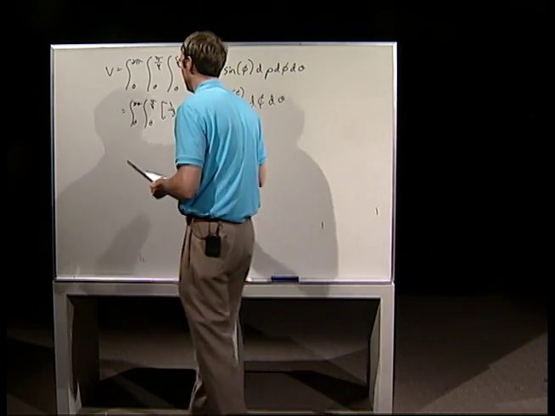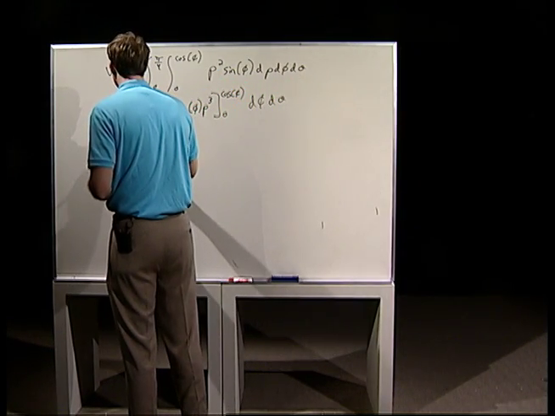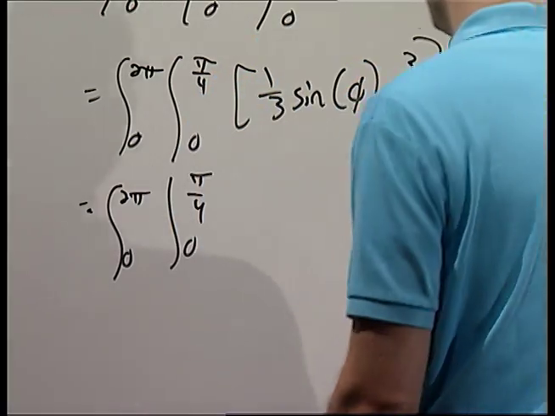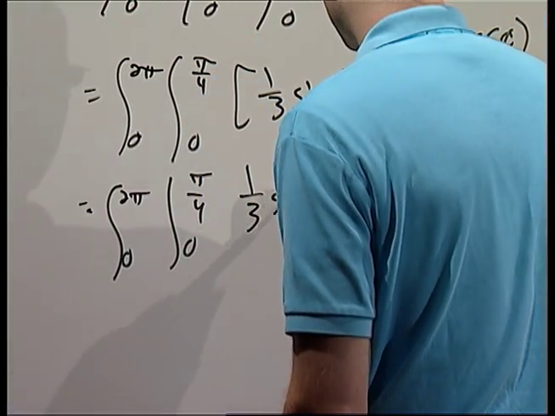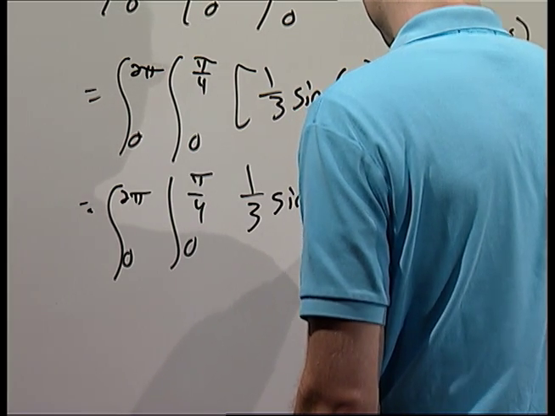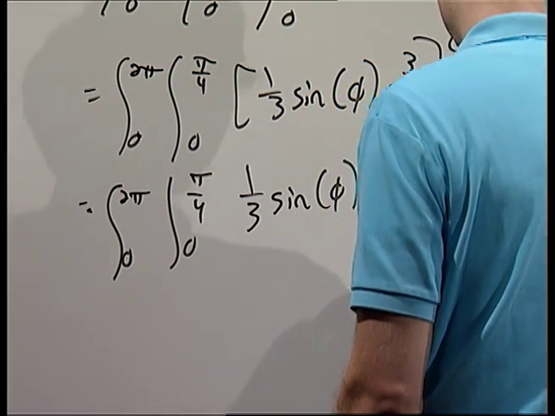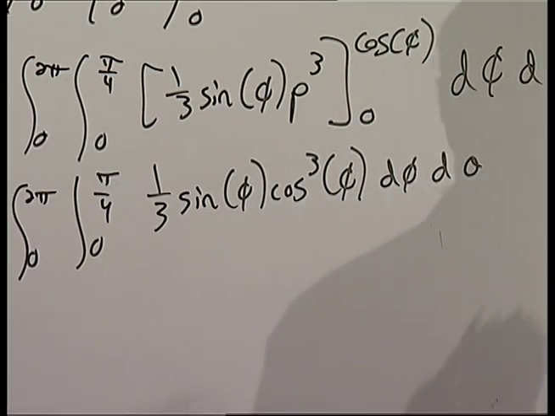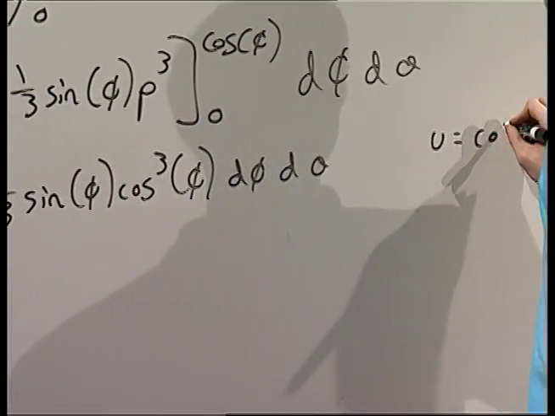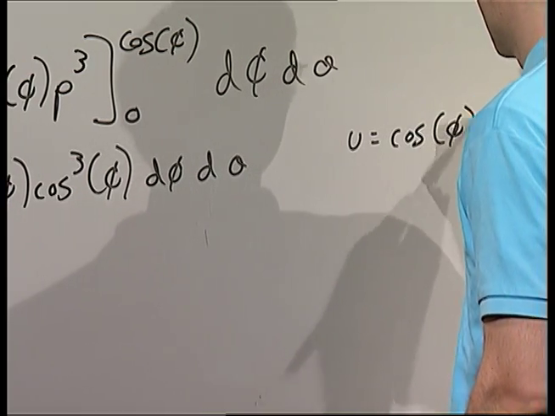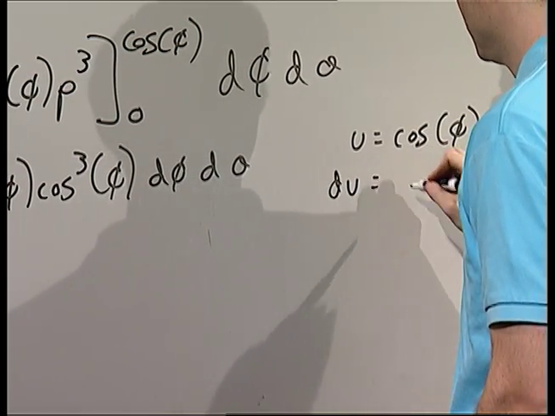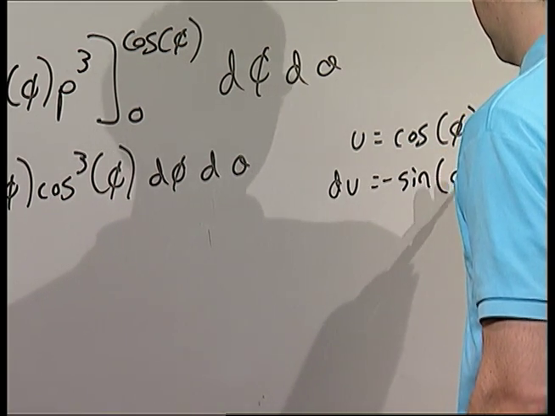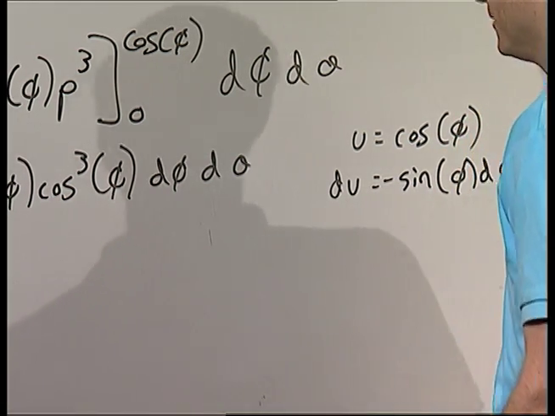Plugging in, I get 1/3 sine phi cosine cubed phi d theta. Again, this cries out for substitution. u is cosine phi, du is minus sine phi d phi.